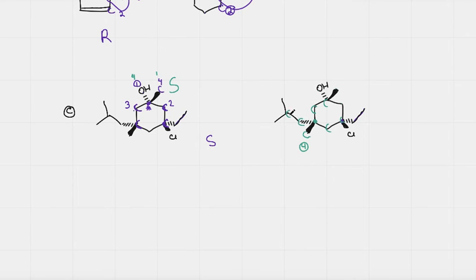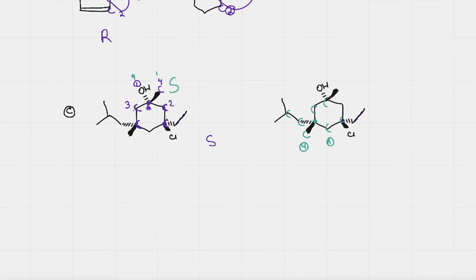Carbon here is connected to 2 carbons. And carbon here is connected to chlorine, carbon, and carbon. Now, out of all the atomic numbers presented here, chlorine has the biggest atomic number. So this group will win. This would be 1 because this carbon is connected to chlorine and 2 carbons.